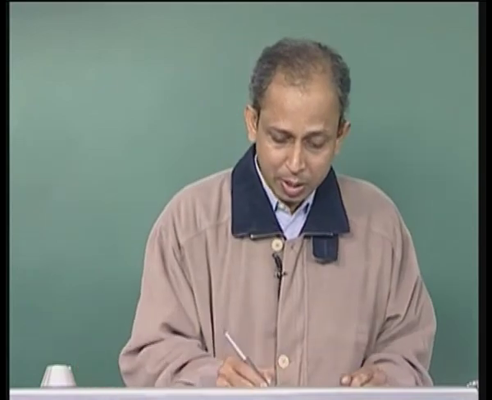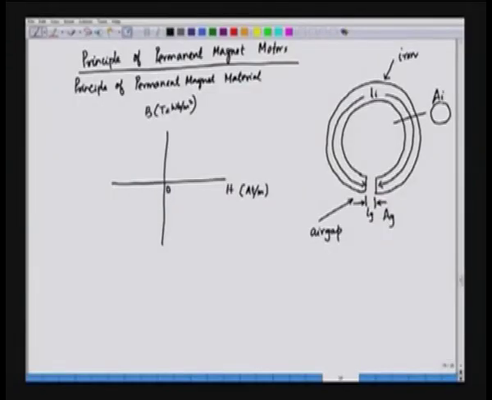If we plot the BH characteristic, it starts like this. As we increase the H or the field strength, the flux density increases. Then after some time it saturates. With the increase of the field strength H, the flux density no more increases, and then if we decrease the field strength, the flux density decreases but in a different path.